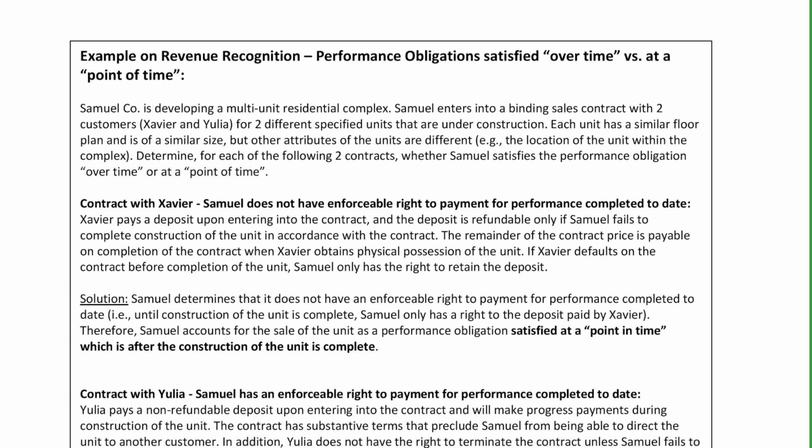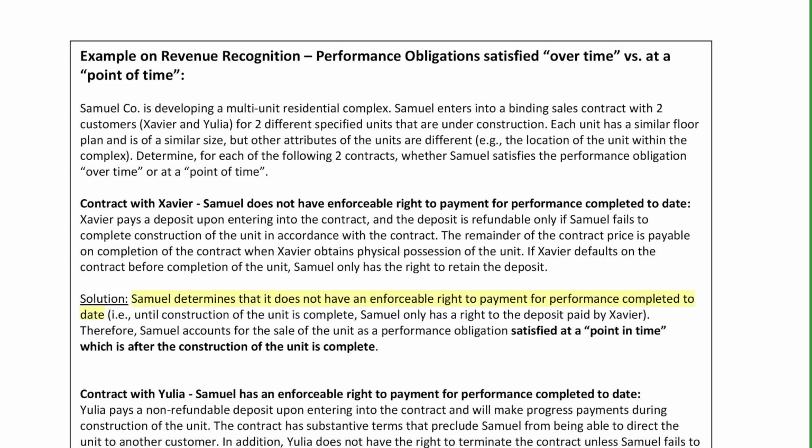The remainder of the contract price is payable by Xavier on completion of the contract, when Xavier actually obtains the physical possession of the unit. But if Xavier defaults on the contract before completion of the unit, Samuel only has the right to retain the deposit which Xavier has paid initially.